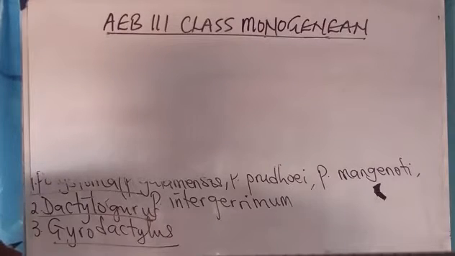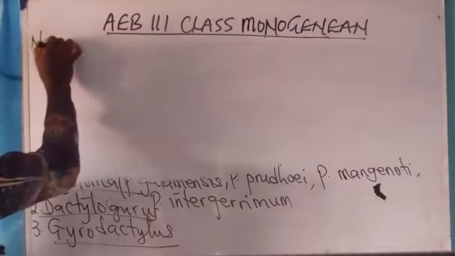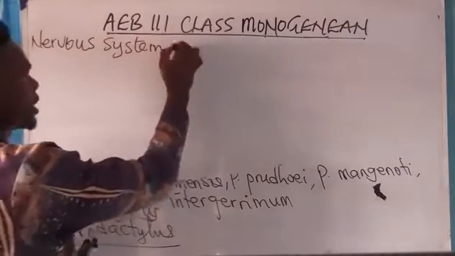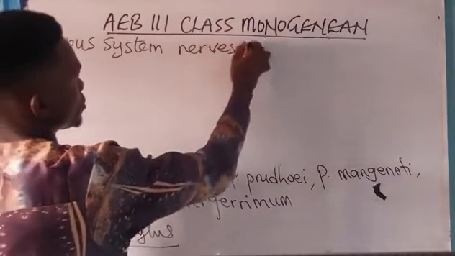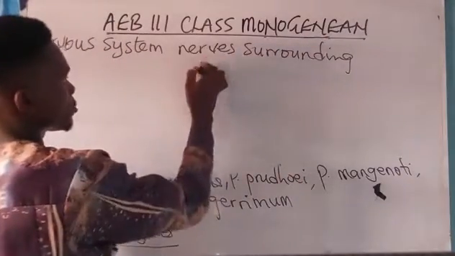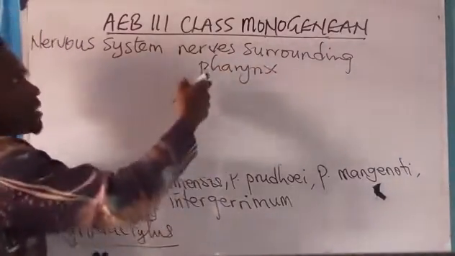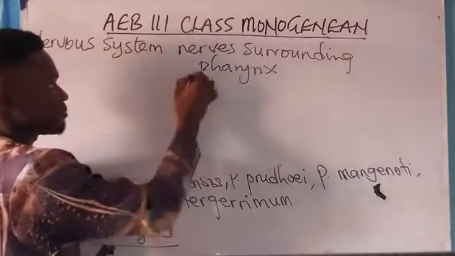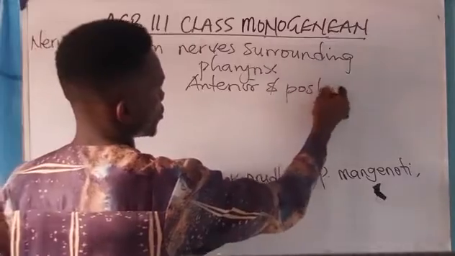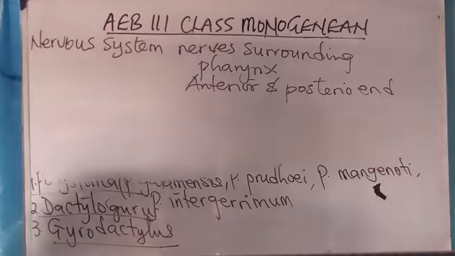Before I go into their mode of reproduction, I would love us to know their nervous system. Their nervous system comprises nerves surrounding the pharynx. So these nerves are found surrounding what? The pharynx. And they emanate from the anterior and posterior end.